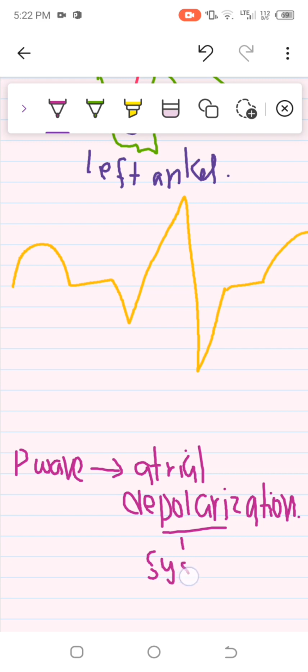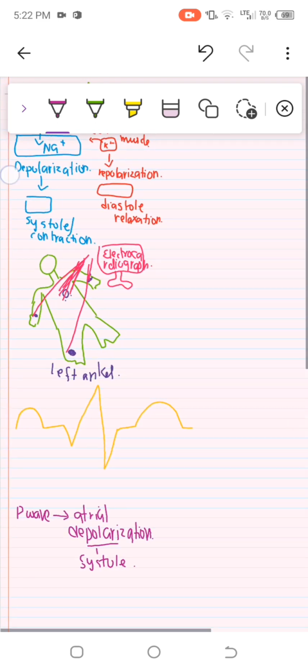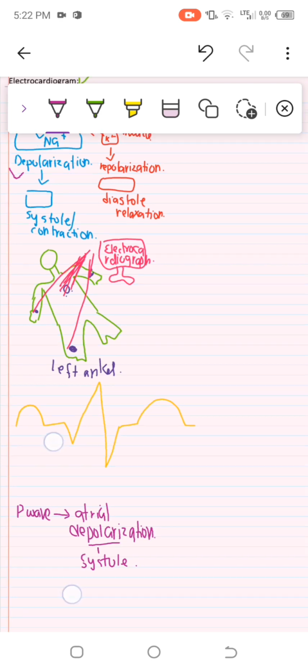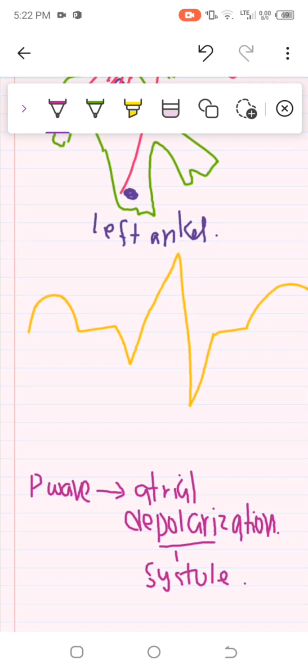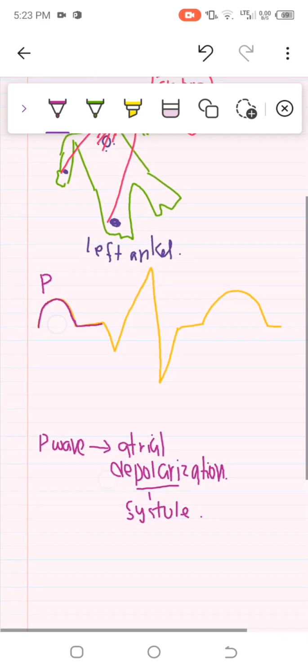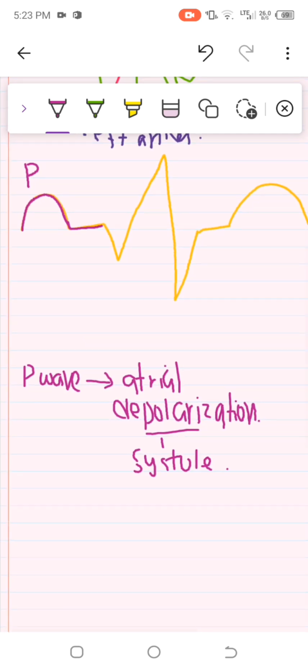As I told you, given the concept of depolarization here, this means systole contraction, depolarization. So here systole will occur, meaning the P wave will represent the atrial depolarization. After that, here we have atrial repolarization. Atrial repolarization means removal of potassium ions.